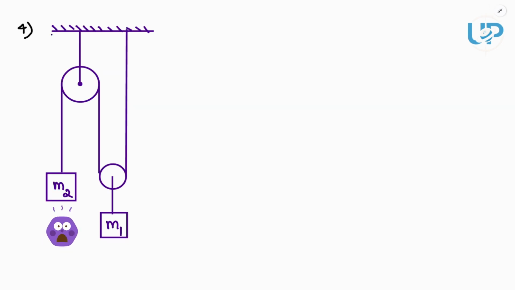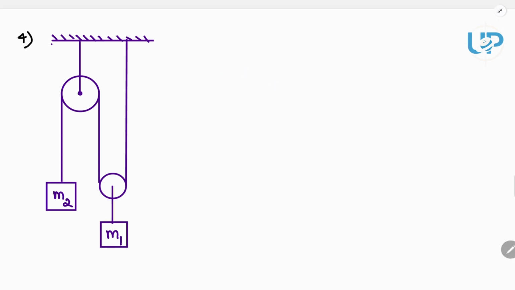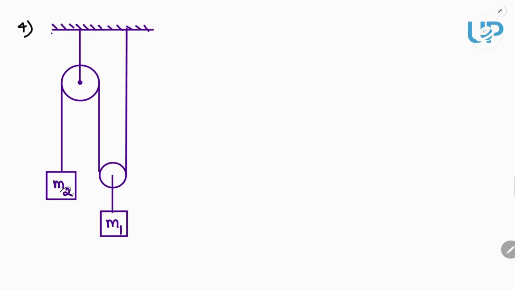So beta, this is our fourth system in which now we have two pulleys, two strings and two blocks. Okay. So let's firstly denote the gravitational force. This is M2G, this is M1G.